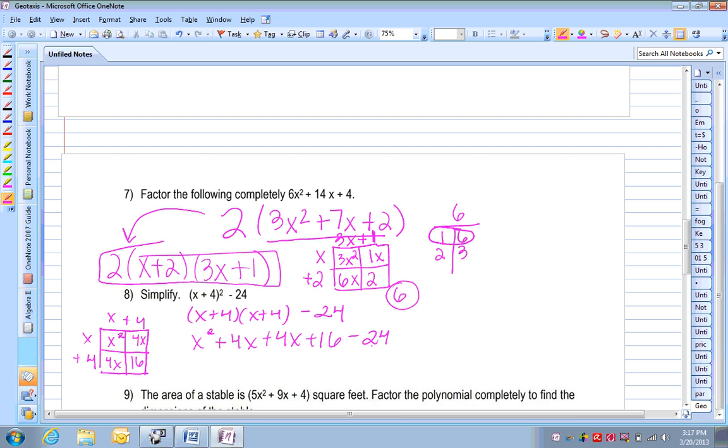Now I just need to combine like terms. So there's only one x squared term, and then I need to combine my x's. So I have a 4x and a 4x, and when I add those together, that gives me 8x. And then 16 minus 24 is negative 8. And that is my final answer.